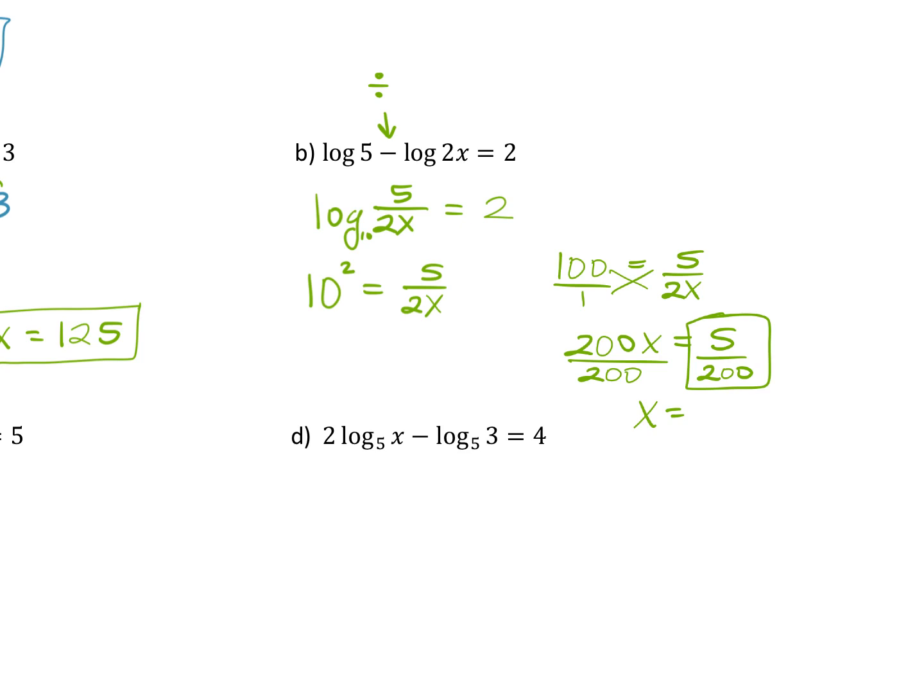I just plugged it in. It would be 0.025. Does that make sense? So if your x is in the denominator, you have to get it out of the denominator by multiplying. Or cross multiplying if you like that better. Does that make sense? I don't feel real confident right now that you're confident in this. We're okay? Another one?